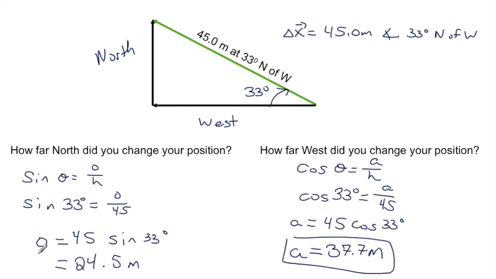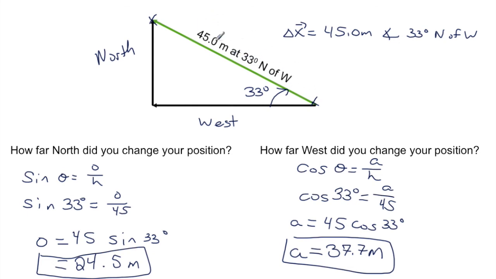So what these are telling me is that if I happen to travel from here to here, this is 45 meters, and I've walked 45 meters from here to here at a direction of 33 degrees north of west.